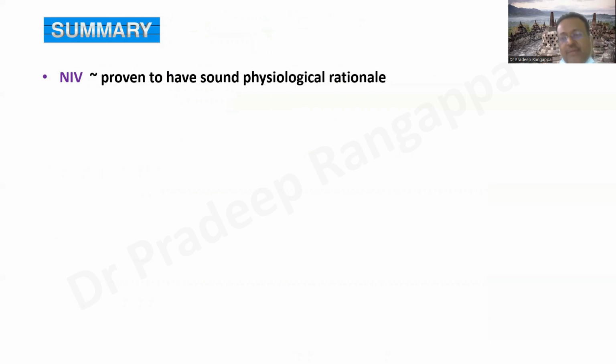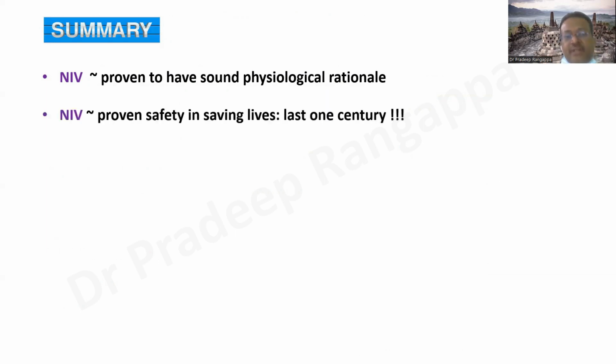It recruits the alveoli, it overcomes the resistive pressure, the elastic pressure, and the threshold pressure, it reduces the respiratory effort significantly, and it reduces the shunt fraction and improves the ventilation perfusion match. So all these are the sound physiological rationale as to why NIV is significantly beneficial.